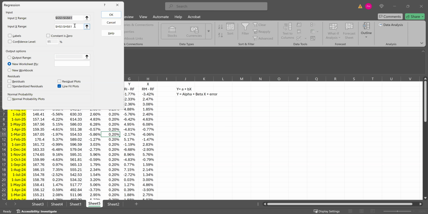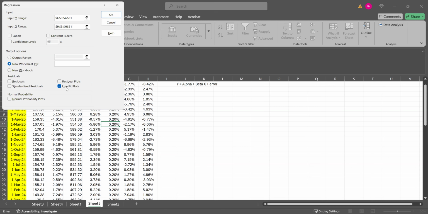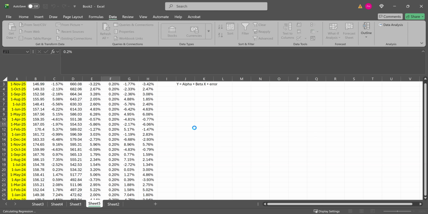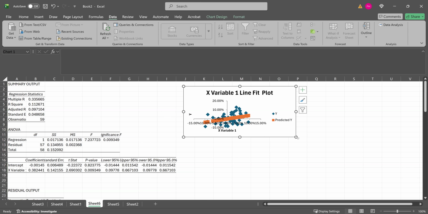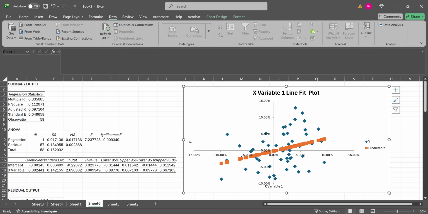For X, I have the values for the market risk premium. I still have the same selections for the line fit plots. Then I click on OK. And the results of this new regression are generated on another worksheet.